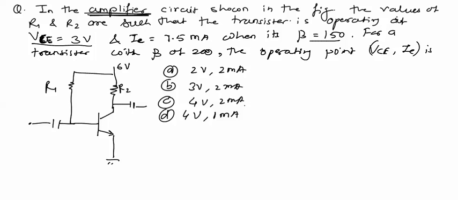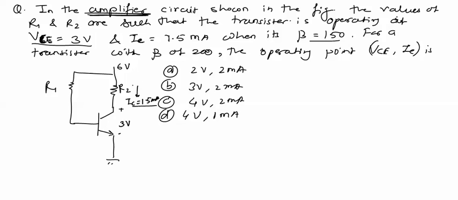First, in this circuit, VC is given. We are doing DC analysis, so this capacitor and the circuit beyond this capacitor is of no use. VC is given equal to 3 volt and IC is given as 1.5 milliamperes.